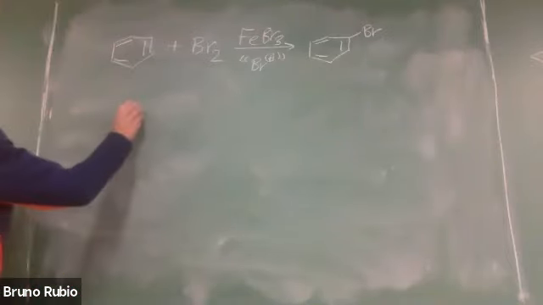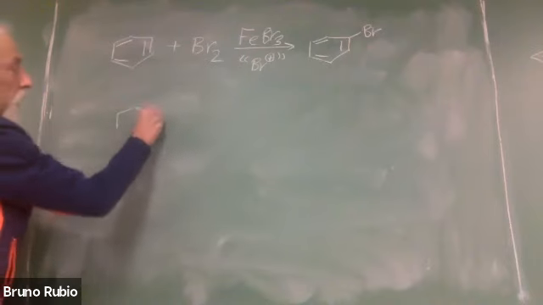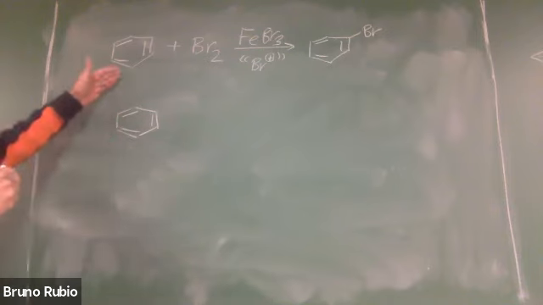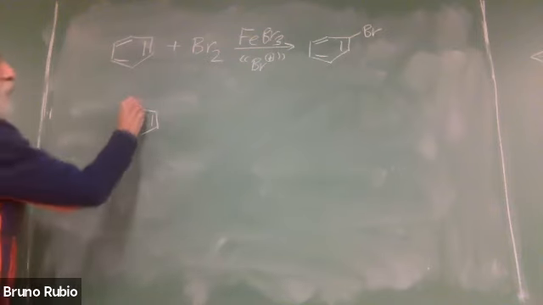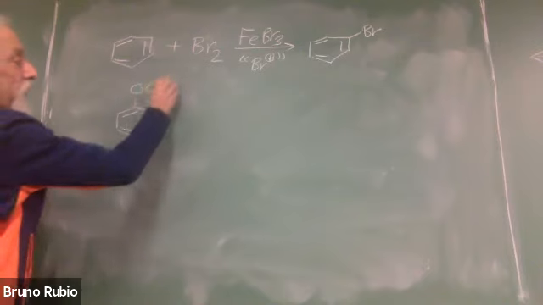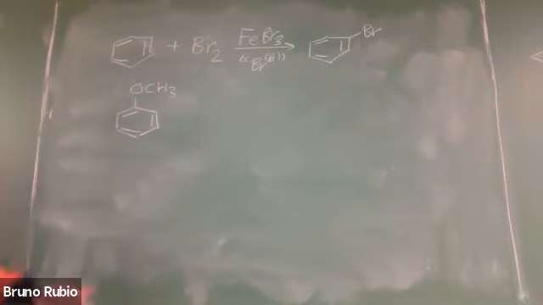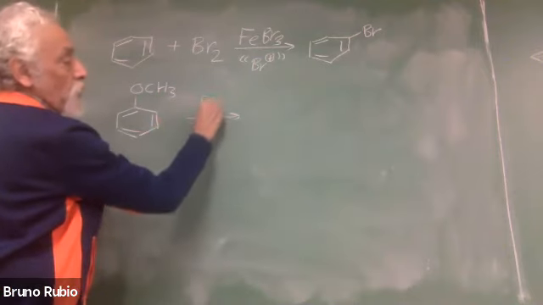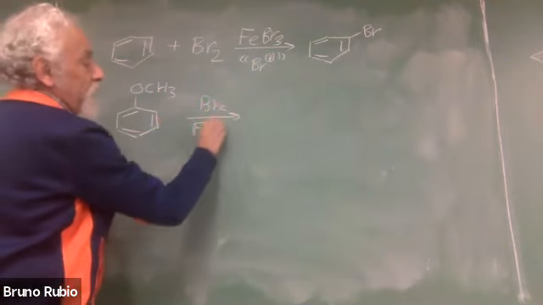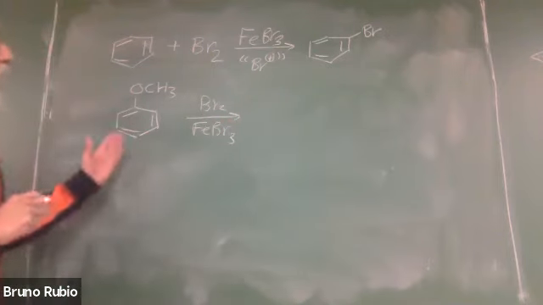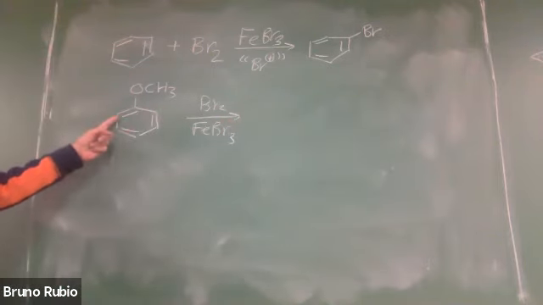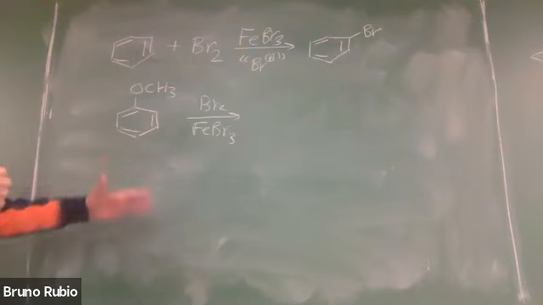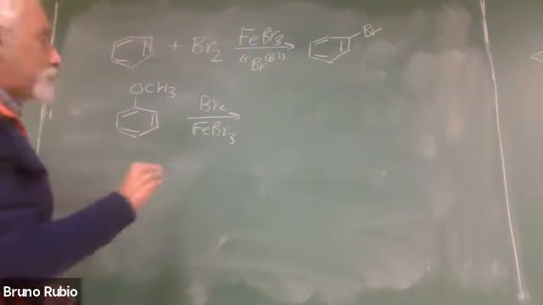All right, so for example, instead of starting with plain old benzene, what if we were to start out with methoxybenzene or anisole? And if we were to react that with bromine in the presence of FeBr3, bromine is going to replace one of these ring hydrogens. But now we have options. We have regiochemical options.